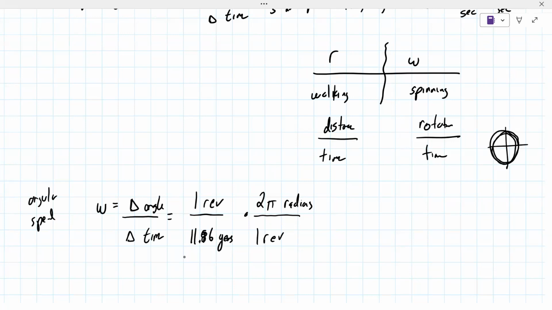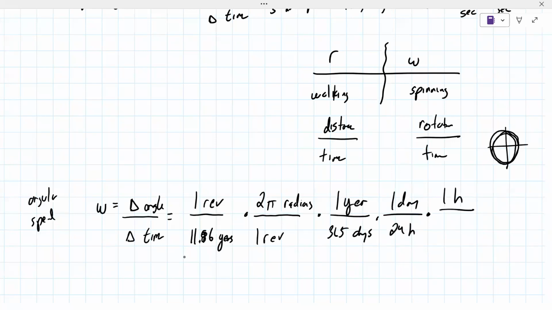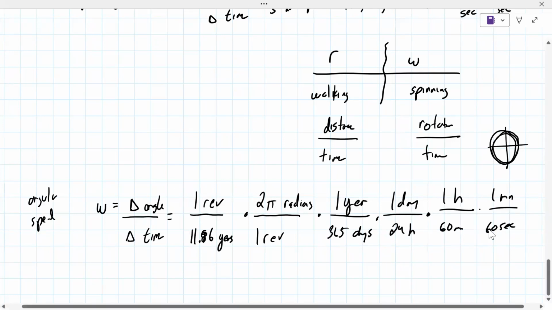So now it's the conversion from time. 1 year is 365 days. 1 day is 24 hours. 1 hour is 60 minutes. 1 minute is 60 seconds. And so your answer will have units of radians per second.